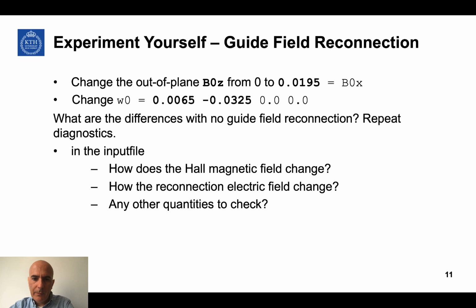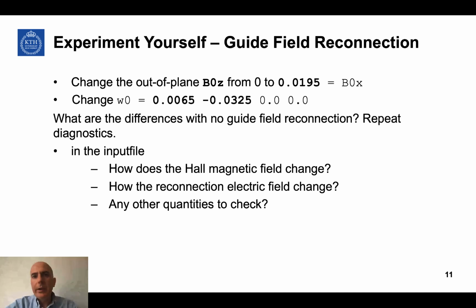So what we can do is set B naught Z to 0.095, equal to the asymptotic value of the magnetic field going in the X direction. So we put in a guide field that has an amplitude equal to the asymptotic field.